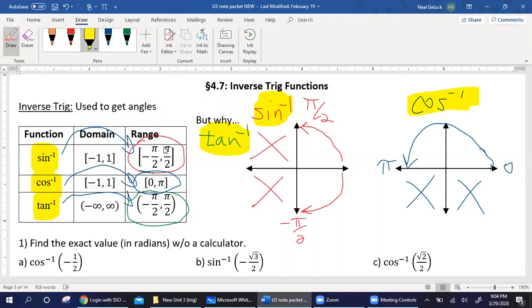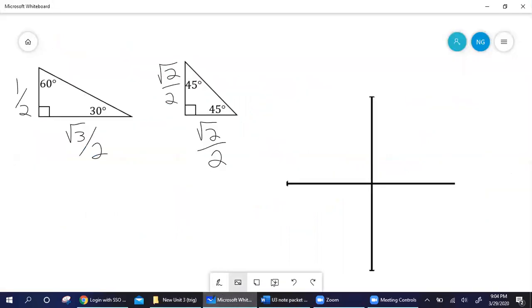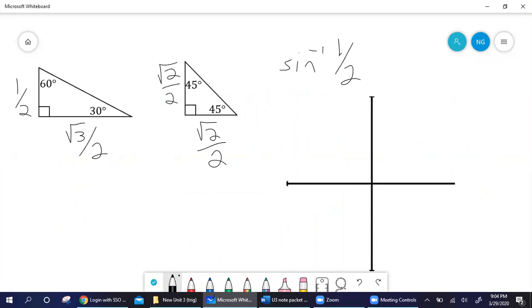Now, a little bit about why this is. This is a little bit of theory. If I asked you to do the inverse sine of 1/2 without a calculator, what this is asking is, if I think of it like regular trig, the sine of what angle is 1/2?